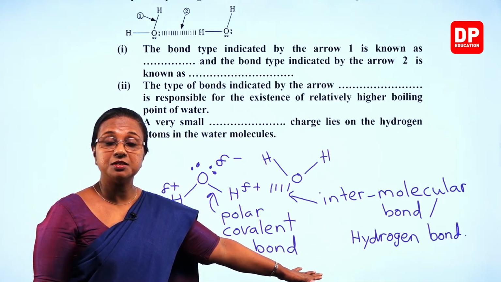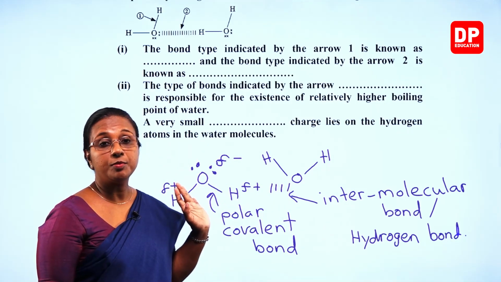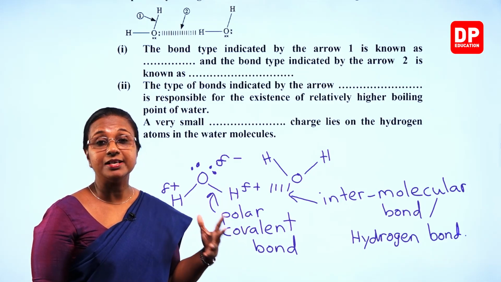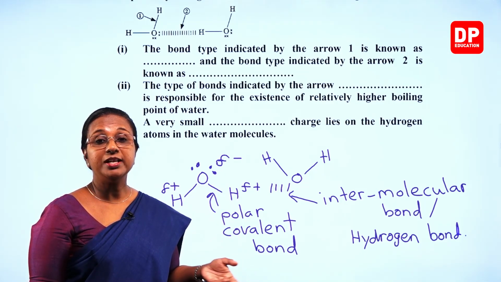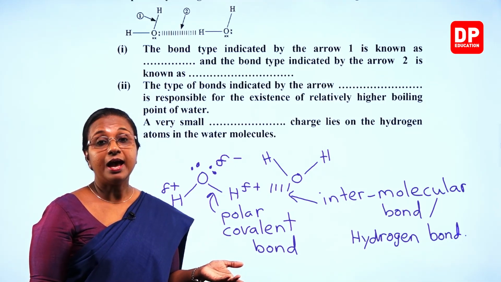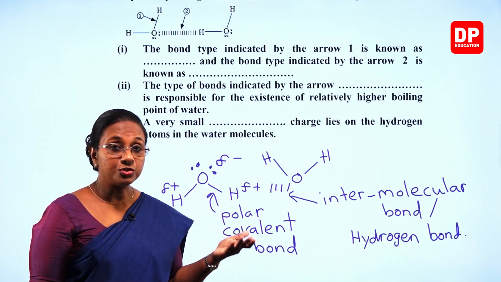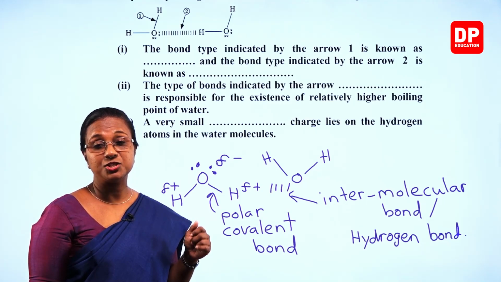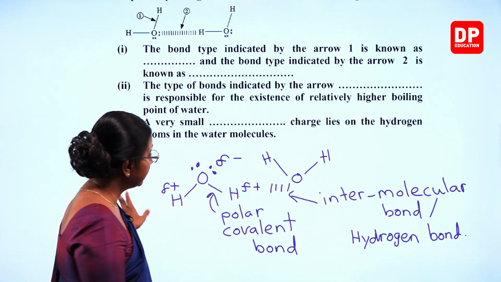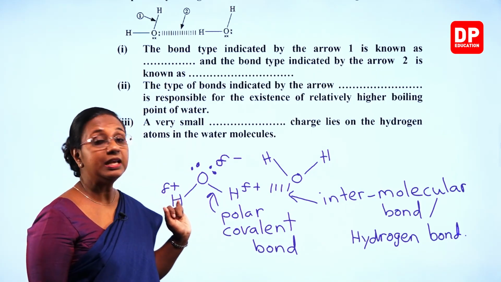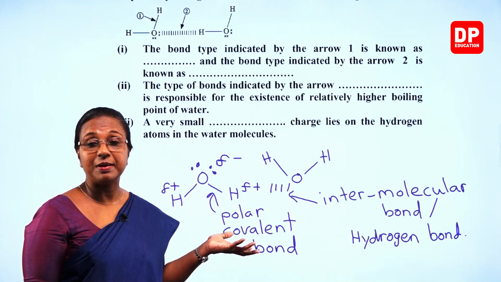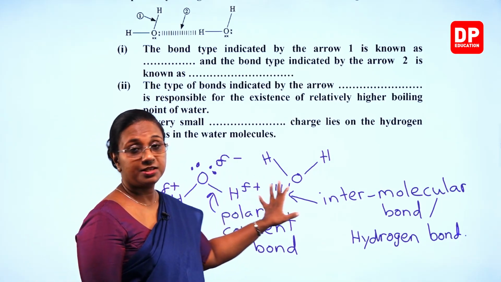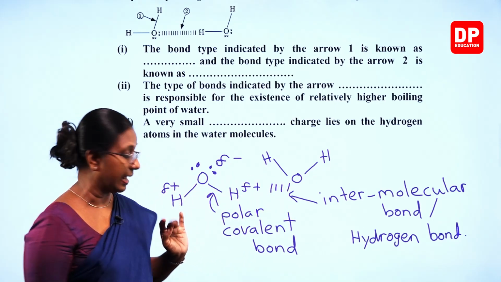Because of this hydrogen bond, water has special properties. It has a high boiling point, it exists as a liquid at room temperature, and also the differential expansion in freezing, all that is related to this particular intermolecular bond. And high specific heat capacity, all that is related to this. You can remember that.